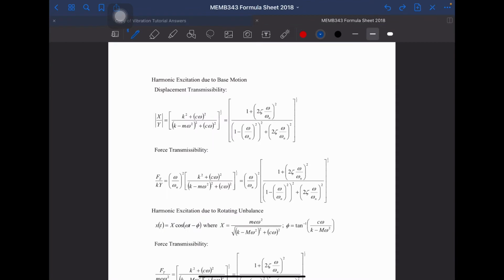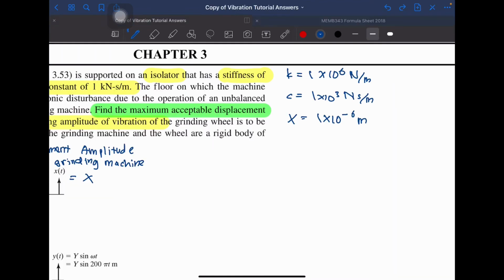From the formula, we don't have weight, we have m, the mass. So we have to find the mass. Since weight equals mass times g, W equals mg, so m equals W over g. The mass will be the weight, 5,000 Newton, divided by 9.81, the gravity.